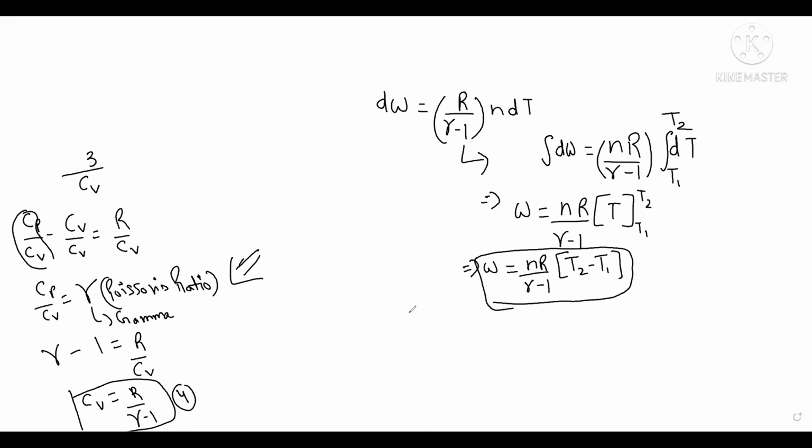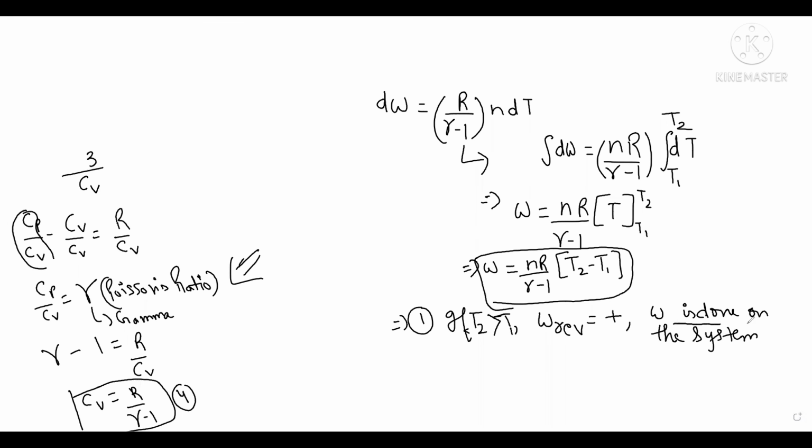Let me tell you that if T2 is greater than T1, then work done in an adiabatic reversible process will be positive. If work done is positive, that means some work is done on the system. To understand this line, you must watch the previous lecture.